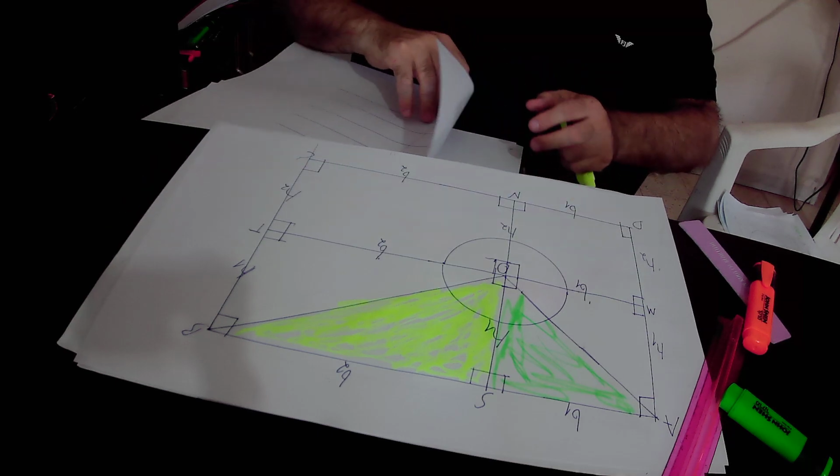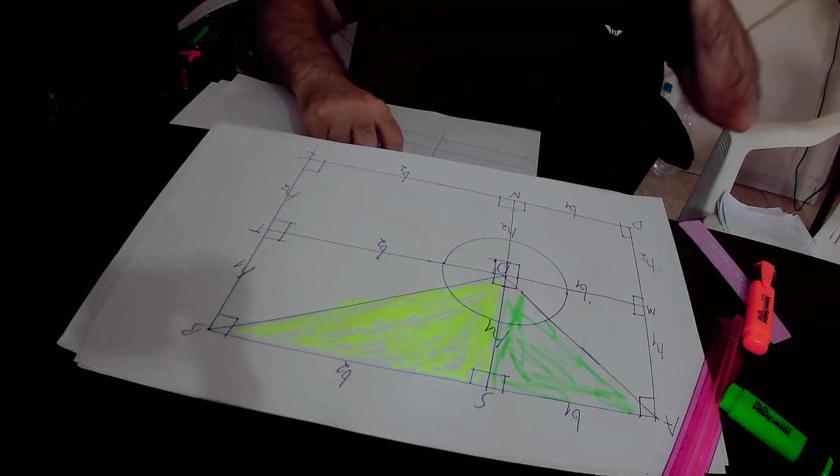We join points O and C together by a straight line.